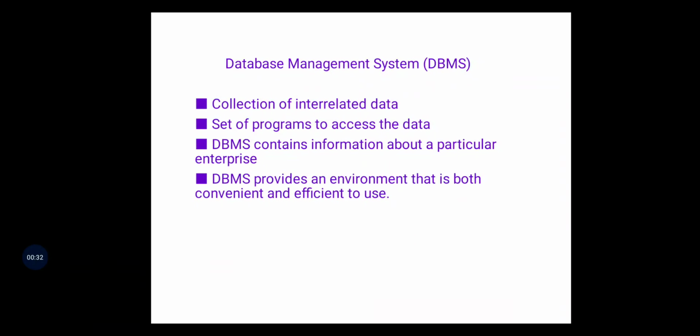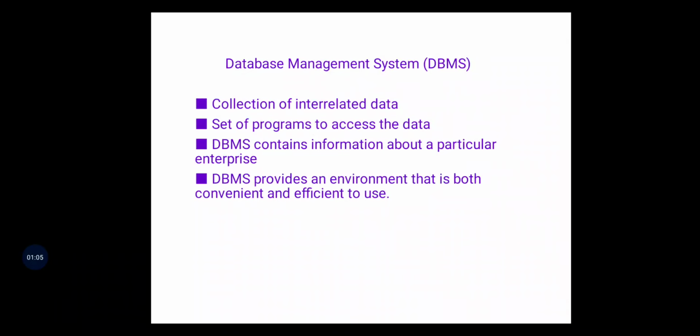In the database management system concept, it is a collection of interrelated data. The collection of data is correct, and the data does not vary from one data item to another. Between two individual data items there is a relation, that is, they are interrelated. For example, we select the register number.